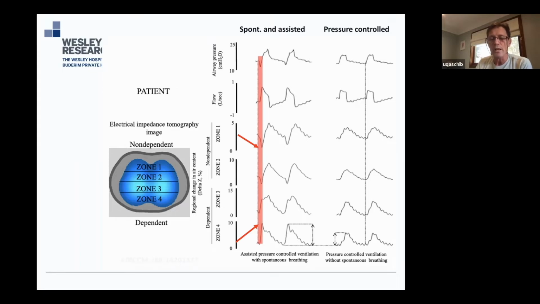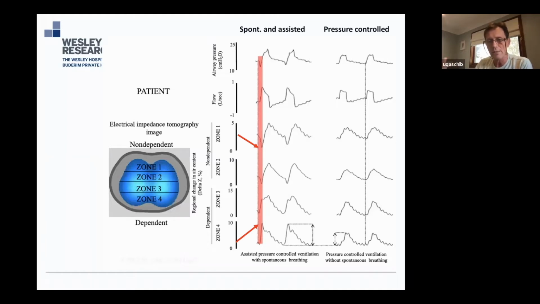Whereas if you look at the purely pressure controlled, where the ventilator does the work and the patient doesn't do anything, you can see that the volume change in the posterior part, if you look at these two black arrows, the volume change that occurs in the posterior or so-called dependent lung, is much smaller compared to spontaneous breathing.